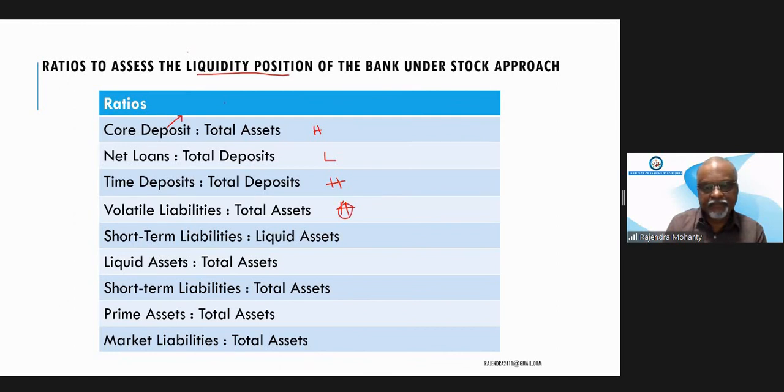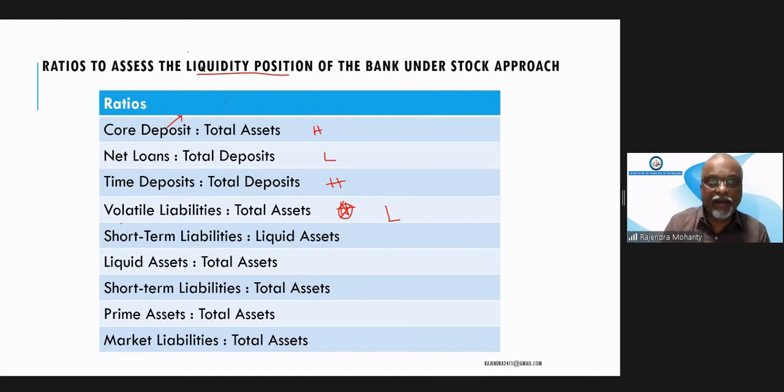So from a liquidity point of view, if volatile liabilities are more compared to total assets, then it will be good. So you are telling the ratio should be low or higher? Low. It should be low, sir.